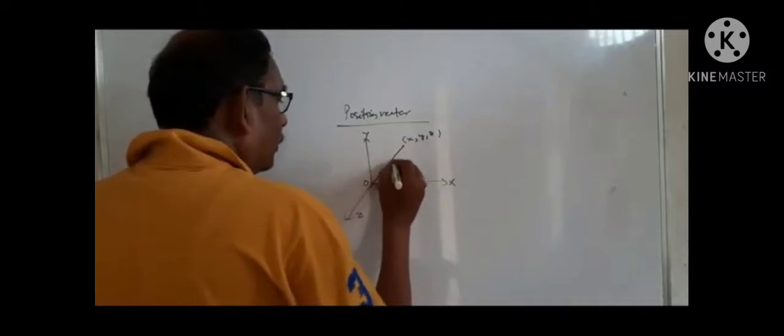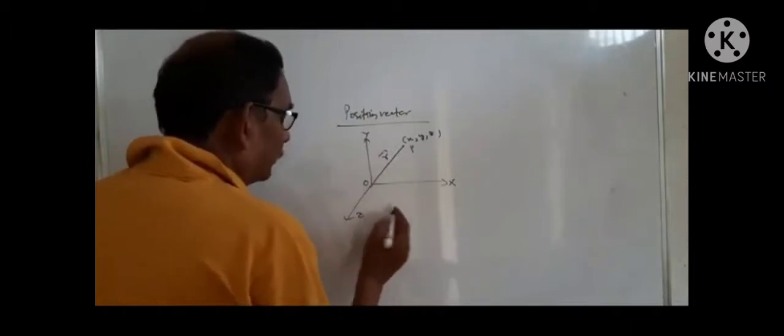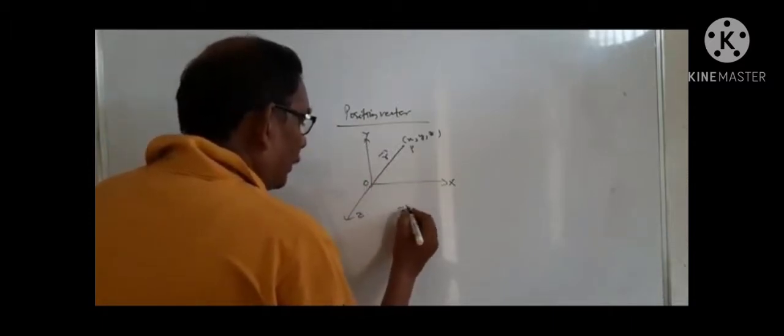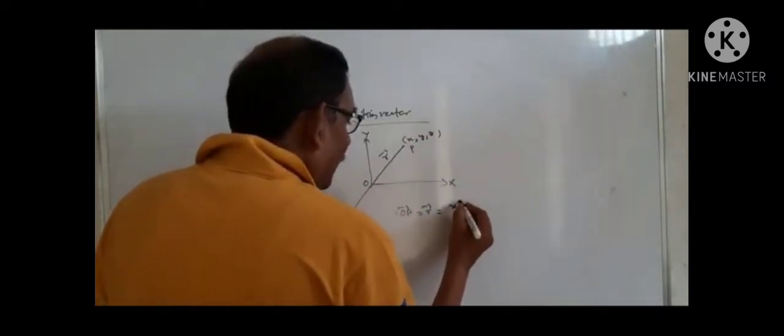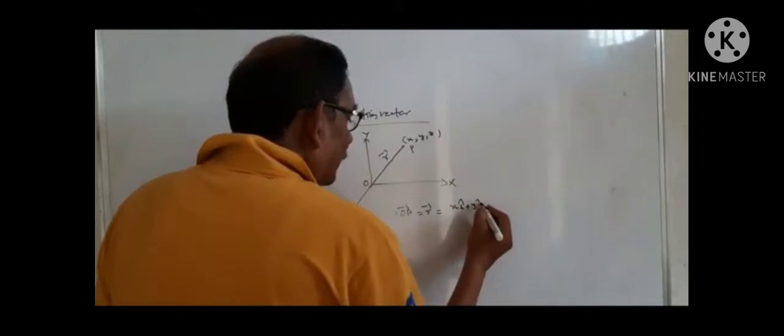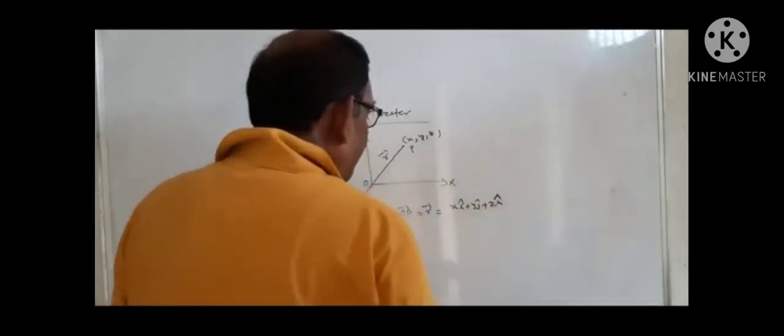It is O, it is point P, and this is R. So how will you represent this point from the origin? OP, this is your R. So x i cap, y j cap, and z k cap. In this way, you have to represent your position vector.